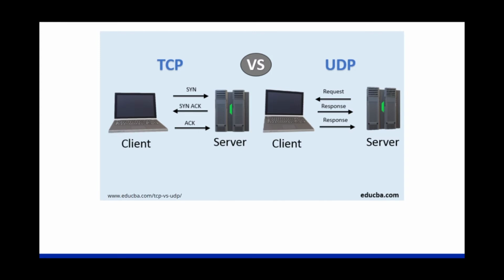And then we also have a UDP protocol. UDP is connectionless, so you're not actually making sure that you're connected to a server. You're just going to send data and hope that the server receives it. The difference between UDP and TCP is that for UDP, what's important is how fast you want to send your data, and it's not important whether the person that receives your data is actually the one you want to receive it.